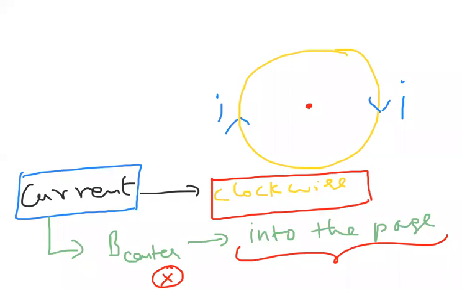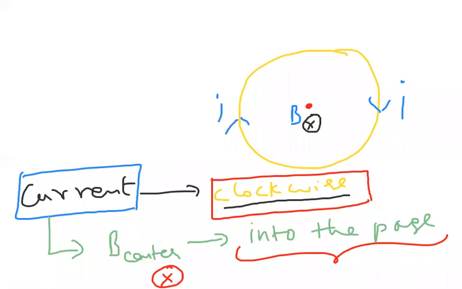Because of current flowing in clockwise direction, simply we can say B is into the page. Very simple and straightforward. Current clockwise, magnetic field into the page.